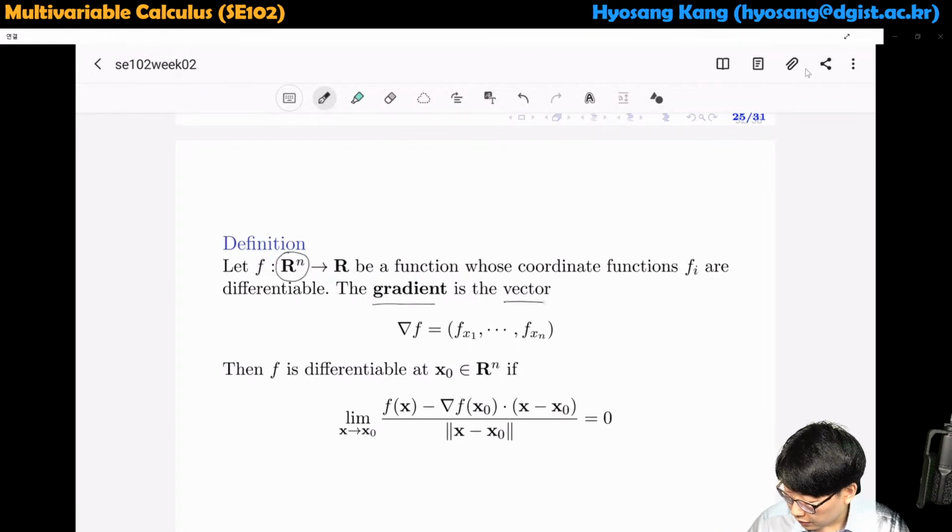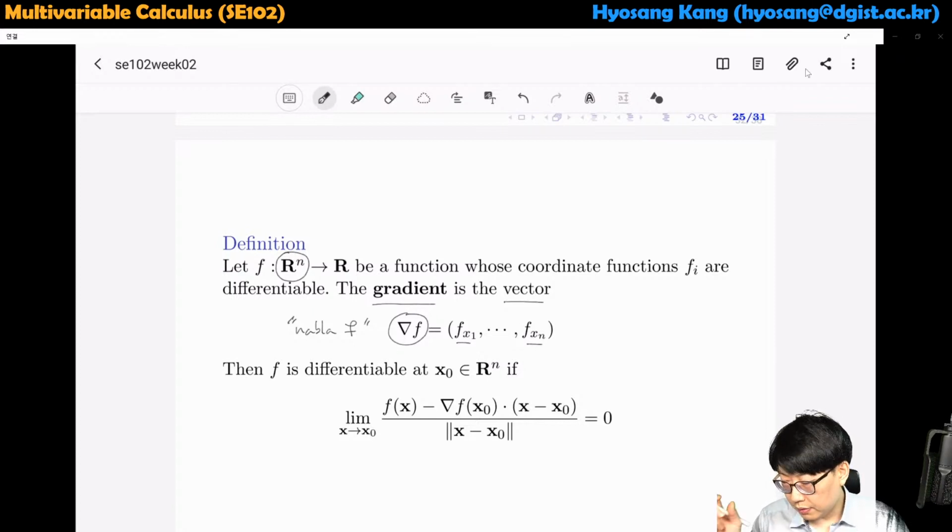So this is a vector, and it is denoted by the inverted triangle, called nabla. It reads as nabla f, and the components of this vector are the partial derivatives of the function for each coordinate.